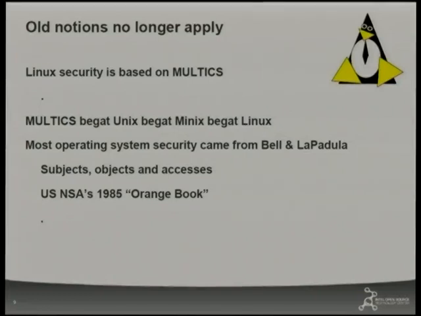Linux security is based on Multics security. Multics begat Unix, which begat Minix, which begat Linux. Just to give you an idea how long ago this was all done. Most operating system security is based on a model which was created by two gentlemen named Bell and LaPadula.